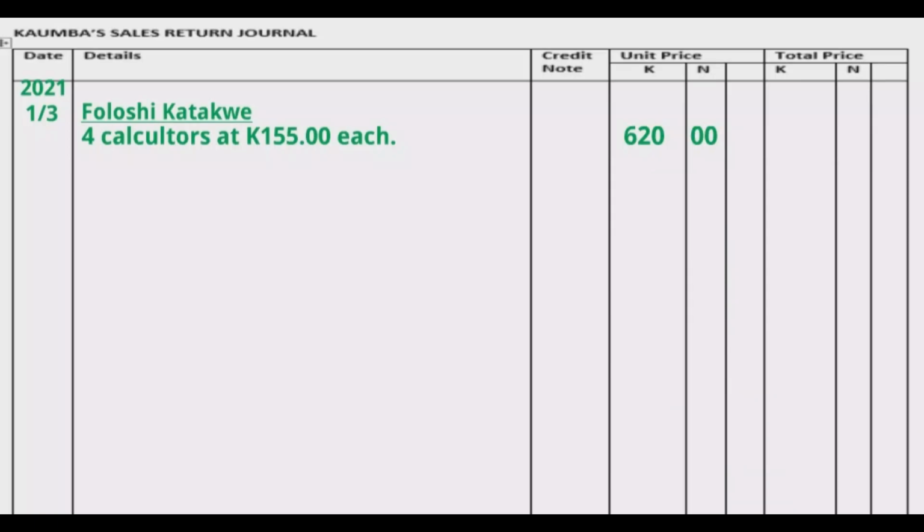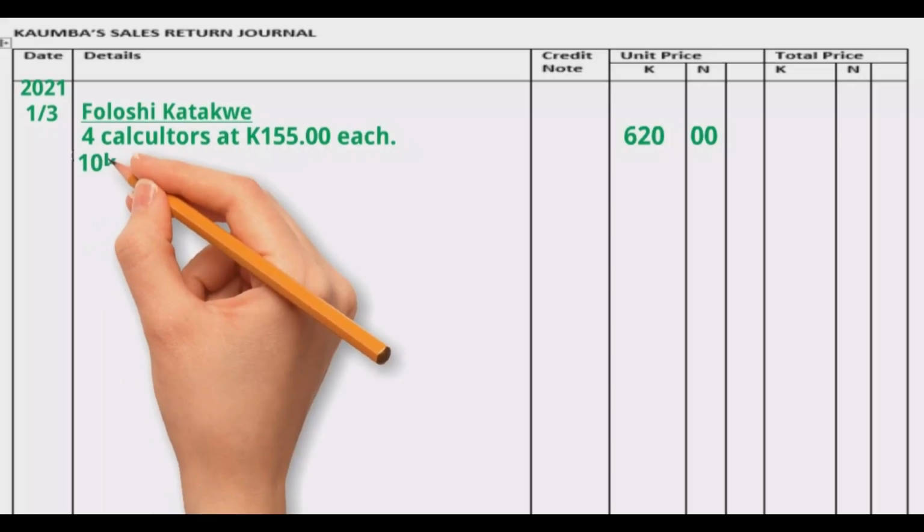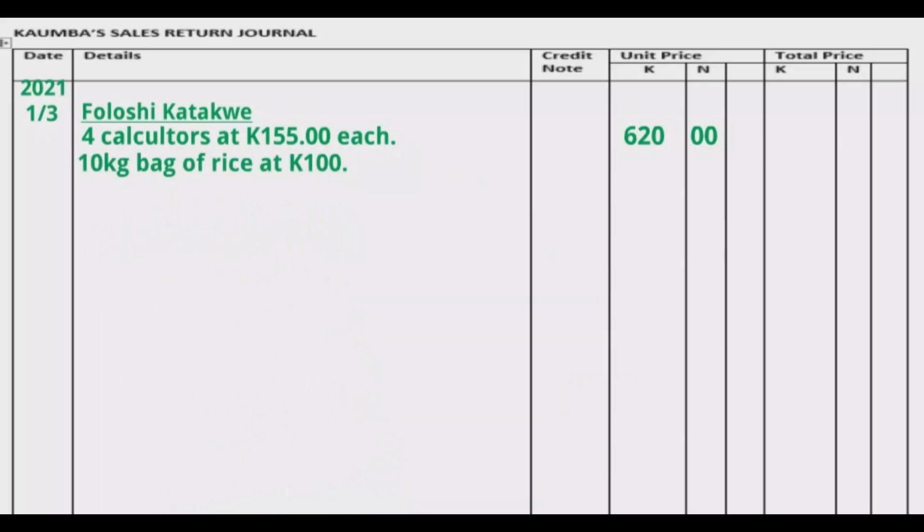Next I'm going to check if there is another thing that Forosh Katakwe returned: 10 kg bag of rice valued at 100 kwacha. So I'm also going to record that 10 kg bag of rice at 100 kwacha. Since it's just 10 kg, I'll write 100 there.